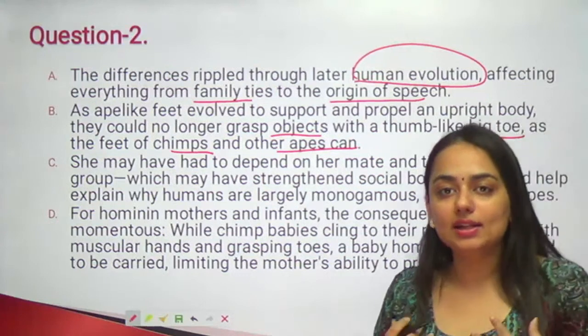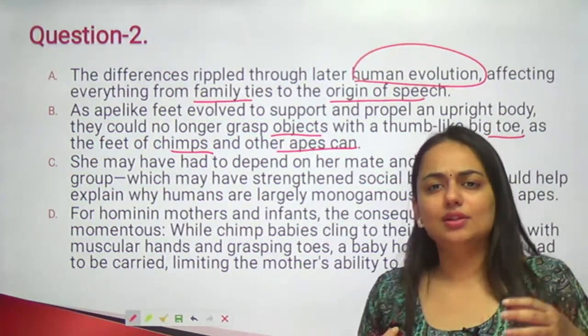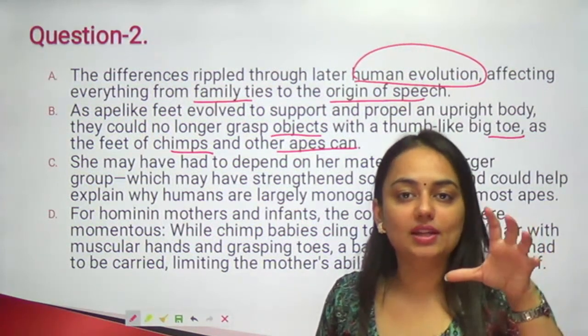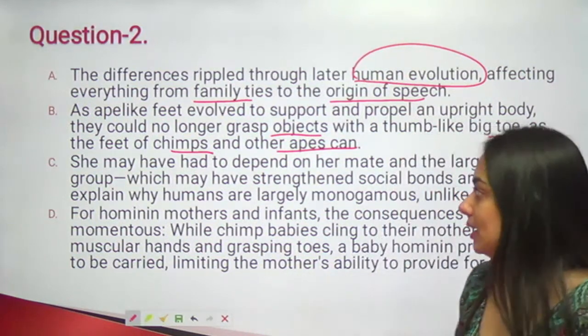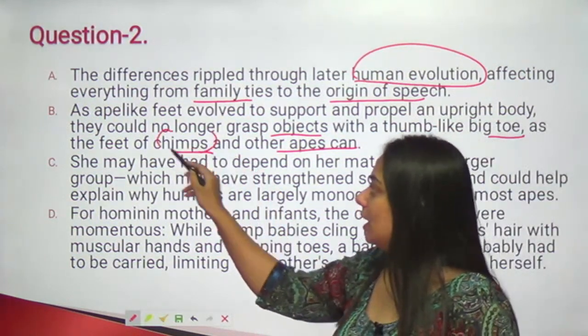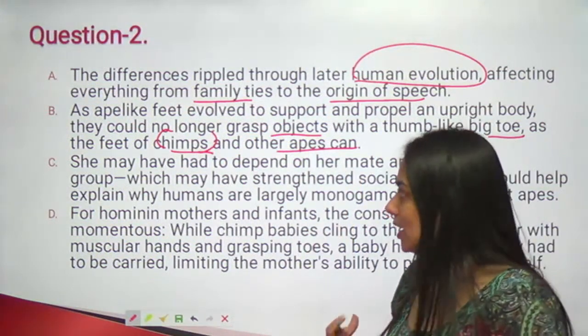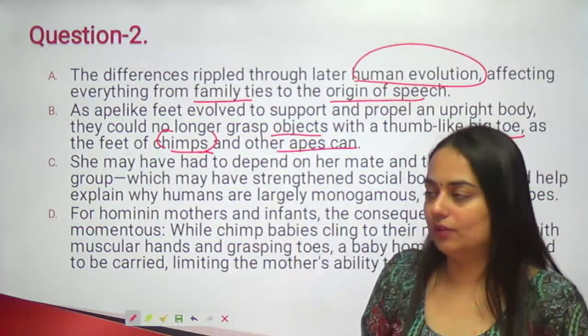So when our ancestors, the humans, started to evolve, eventually they lost that ability to grasp things using their big toe. Just the way chimps and the other apes have it, we no more had that ability while we were evolving. This is what the second sentence is saying, again about human evolution.